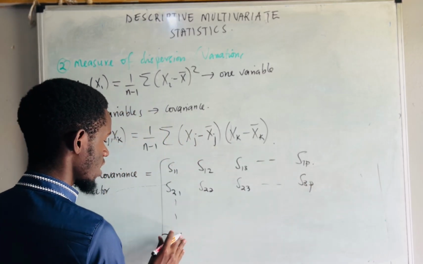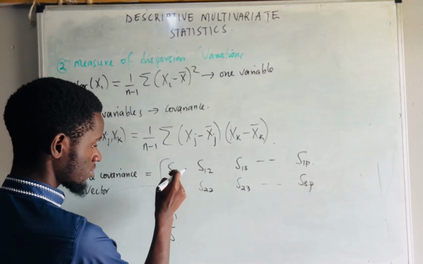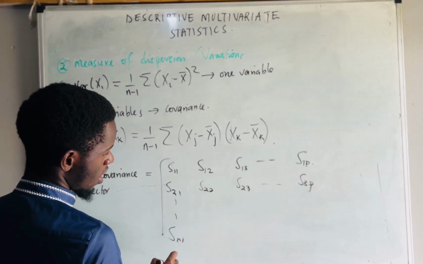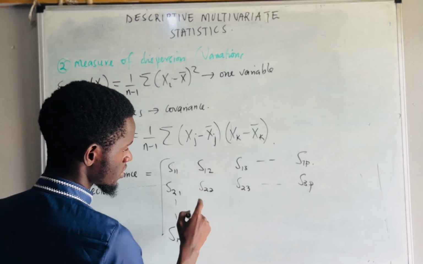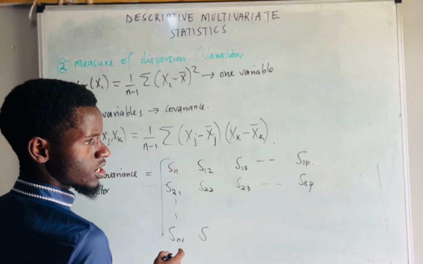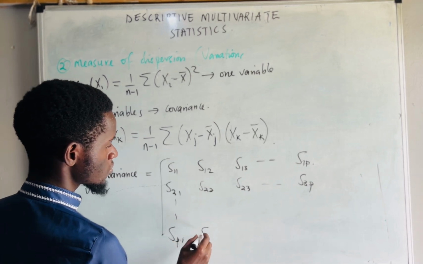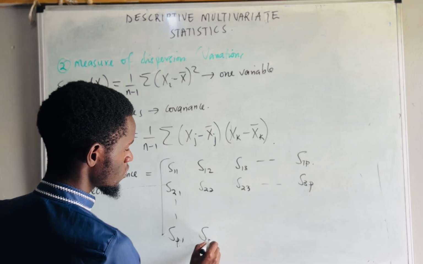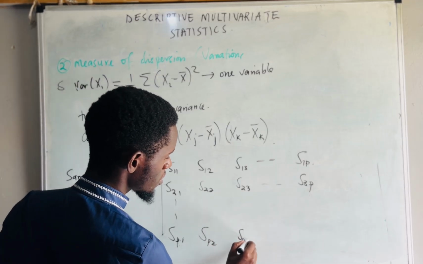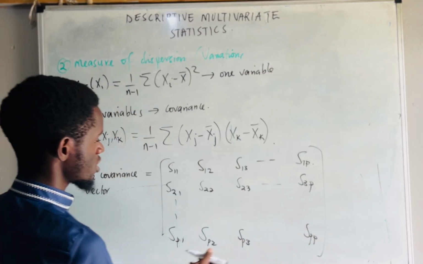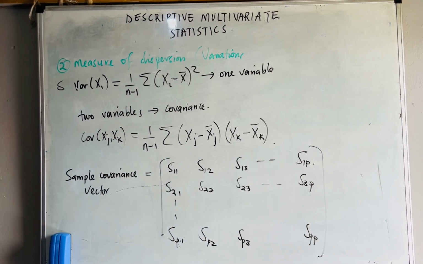Then you shall have again Sp1, Sp2, Sp3, and that way we have Spp. This is a simpler format of the sample covariance matrix.